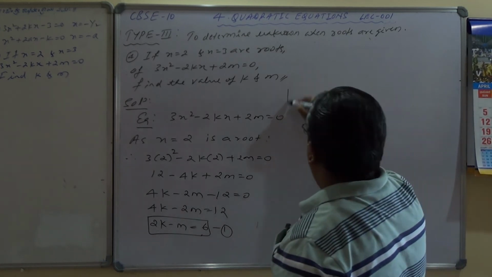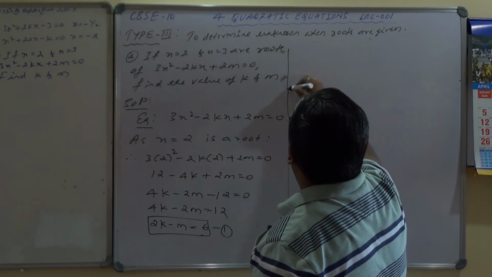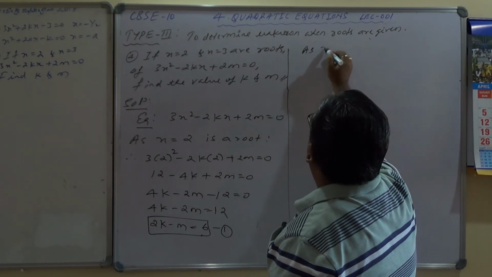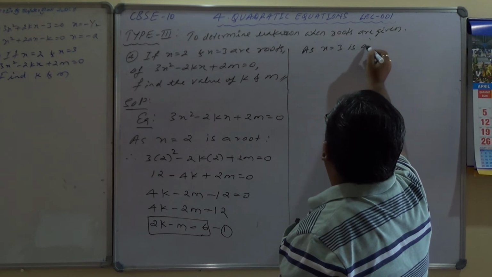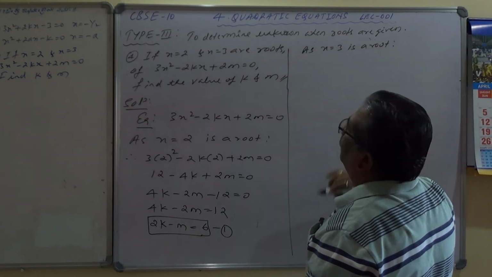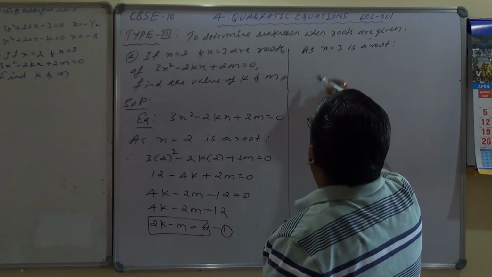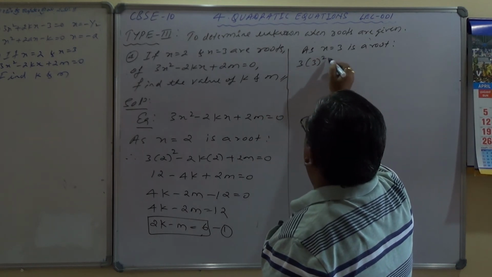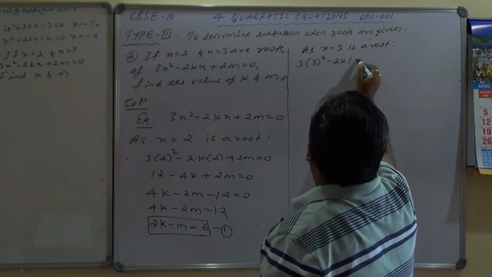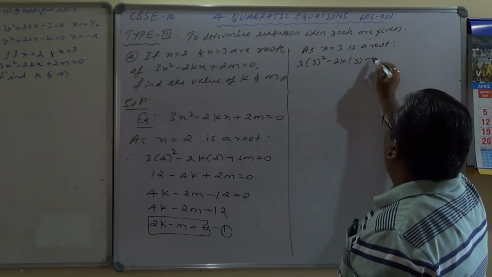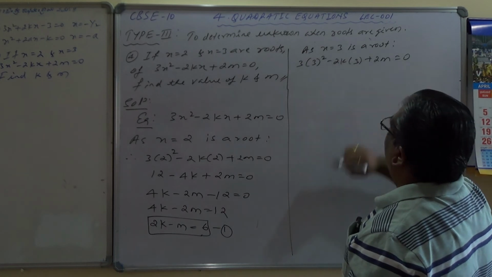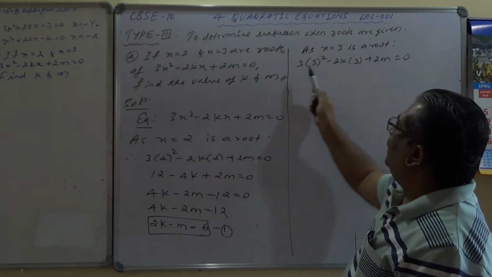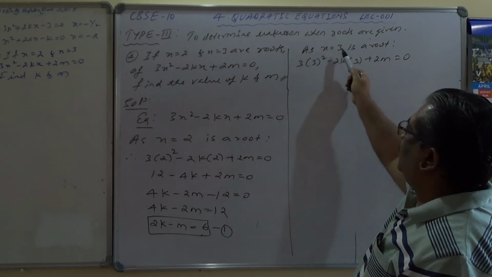Second equation, as x equals 3 is a root, substituting into the equation 3 times 3 the whole square minus 2k times 3 plus 2m equals 0. I have substituted the value of x equals 3 in this given equation here, because x equals 3 is a root here.